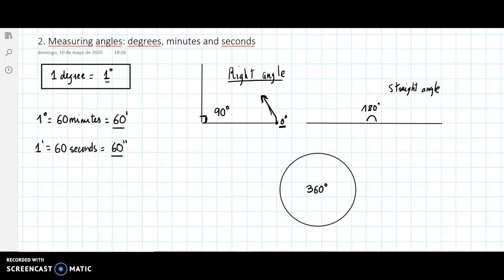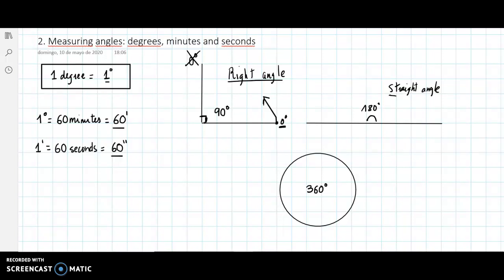We open the angle, we start the angle, but always in this direction. So the 0 degrees cannot be here. Not possible. So the 0 degrees are here at the bottom.